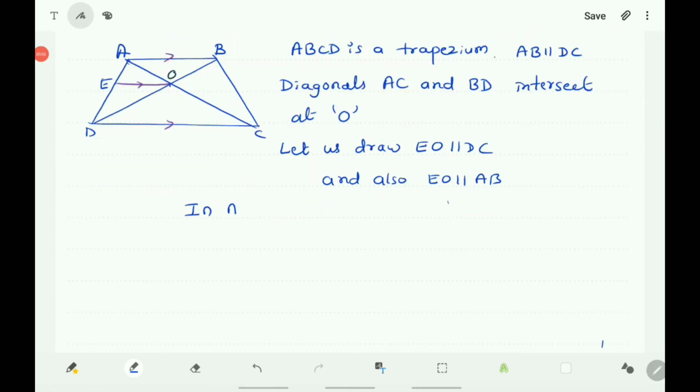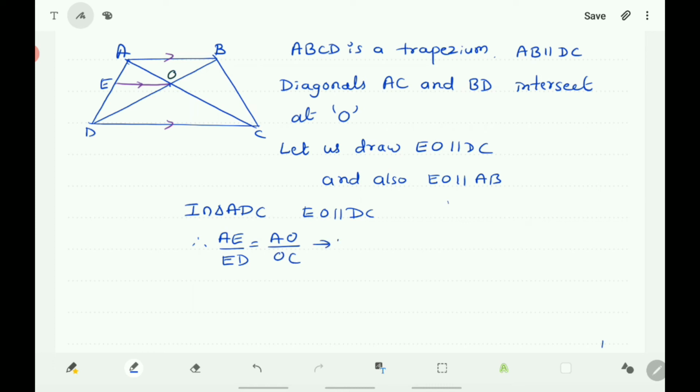In triangle ADC, you know that EO is a line parallel to DC and it must divide AD and AC in the same ratio. Therefore, you write EO is parallel to DC, and so you can write AE by ED is equal to AO by OC.